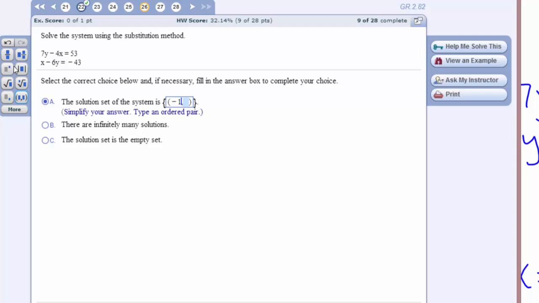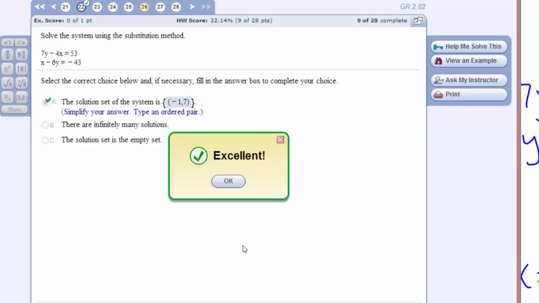So negative 1, comma 7. So let's see how we did. And that is correct. Now again, solving systems of equations is something that you really should let your calculator handle.